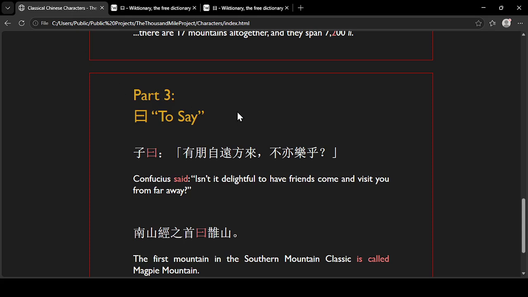If you want to come up with a mnemonic around that of like one and mouth to mean to say, some people do that when they're starting out learning Chinese characters. I used to do that when I began, but once I got up to like a few hundred characters, it was hard to keep track of all of the different mnemonics that I had come up with for the different characters that I was learning.